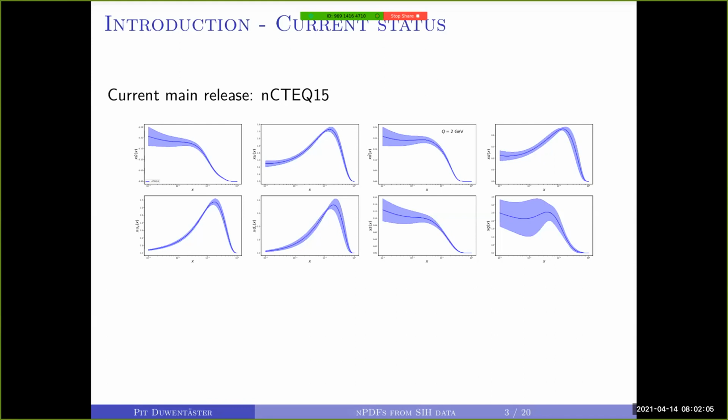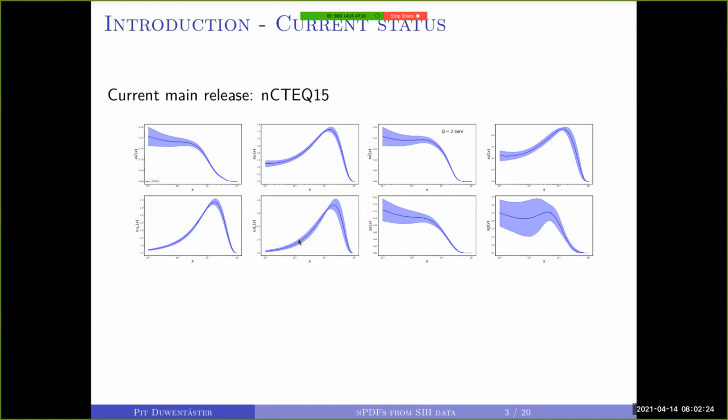The PDFs shown here are the lead PDFs of nCTEQ15, which is our latest main release. The labels are a bit small, but I hope you can see the valence quark uncertainties are already rather small.